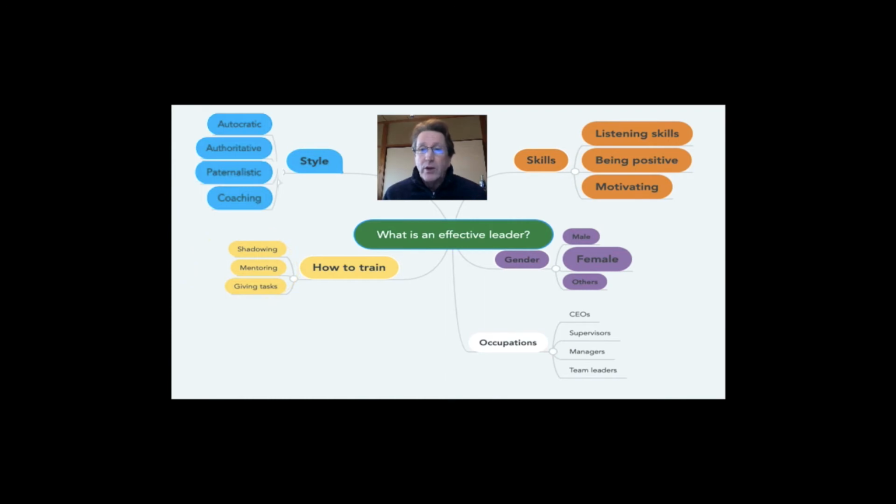We can also add other ideas such as what kinds of occupations produce leaders or are very important for leadership, such as CEOs, supervisors, managers or team leaders. And gradually, as you can see, our mind map is getting more and more complicated with more and different ideas that may or may not be related to each other.